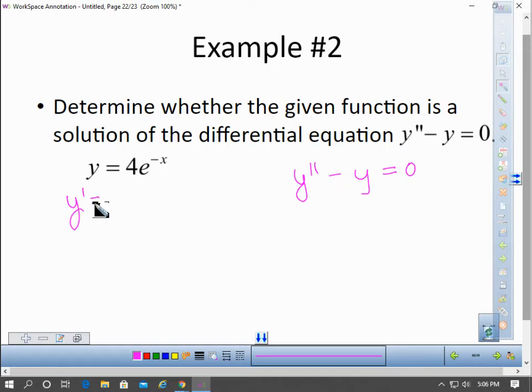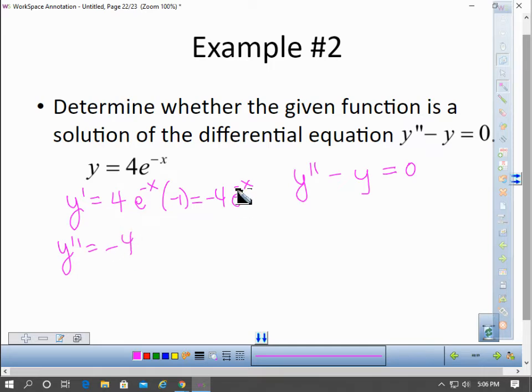Let's find the second derivative. For the first derivative, you keep your coefficient. The derivative of e to the negative x is e to the negative x, and then you have to chain on the derivative of your exponent, which is negative 1. So this gives us negative 4e to the negative x. Now the second derivative: take the derivative again, keep your negative 4.